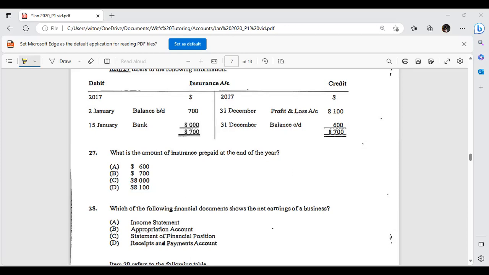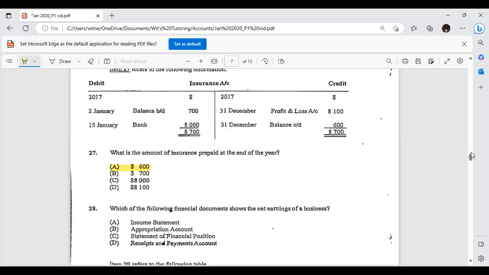You realize that your balance carried on is 600. It falls on which side? Your credit side, right? So in that case, the 600 on your credit side would be your insurance prepaid at the end of the year.